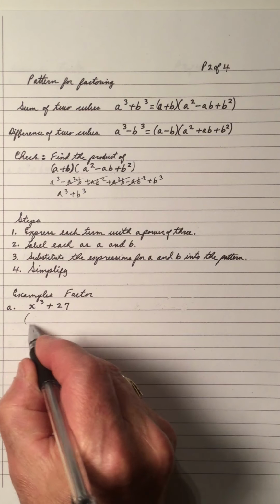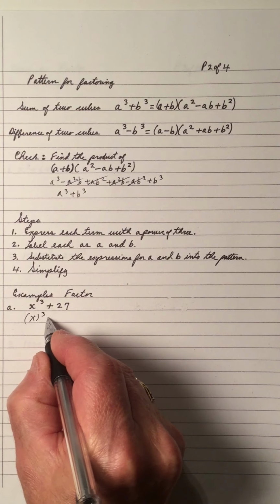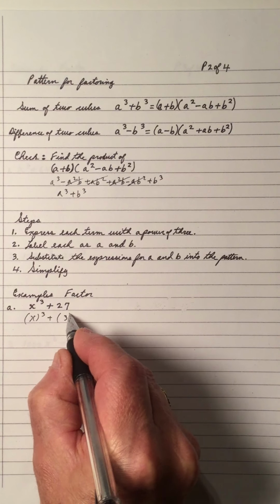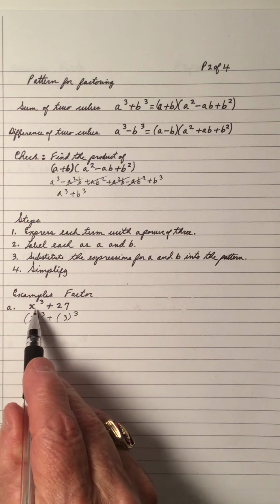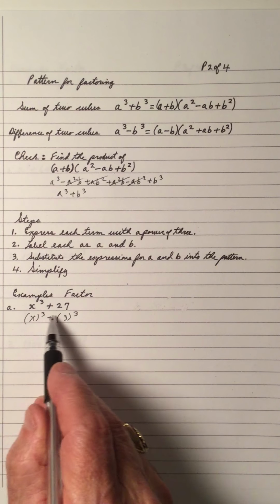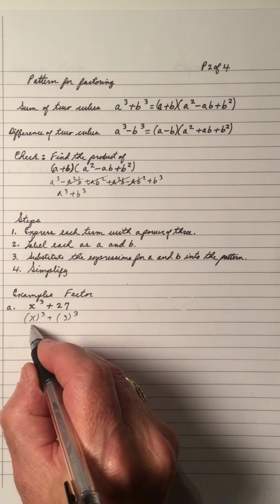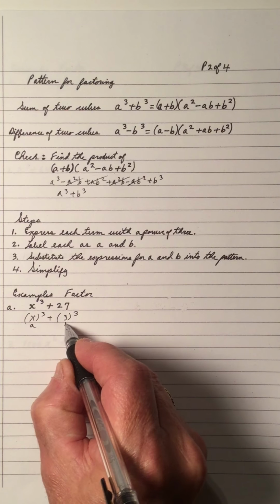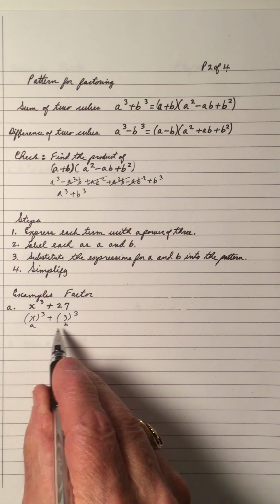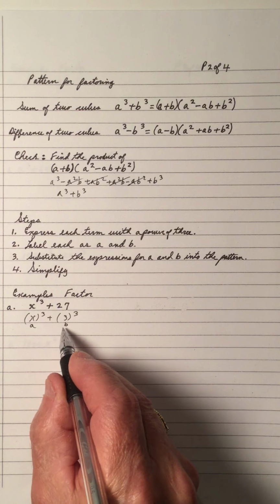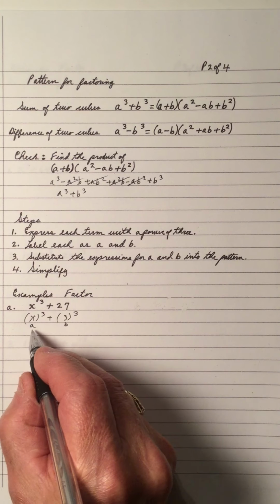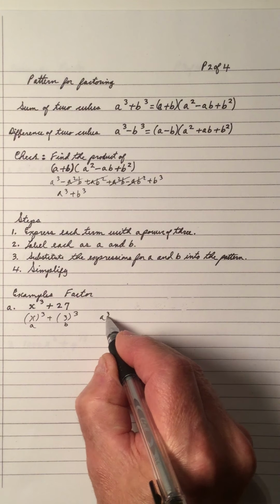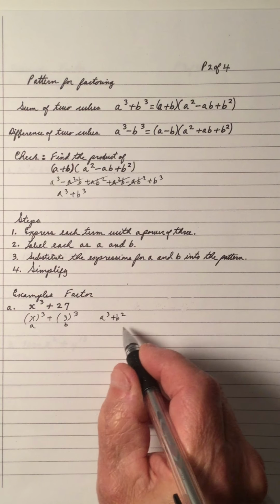What we have is an x being cubed plus a 3 being cubed. So I rewrote the two of these to the third power. So that means that that's my a and that's my b. So a is x and b is 3. So the pattern of this is a cubed plus b cubed.